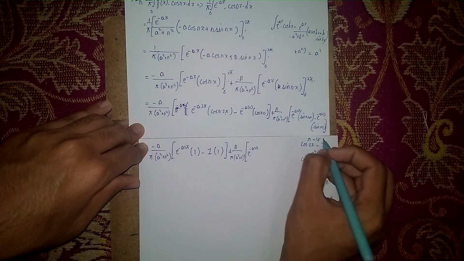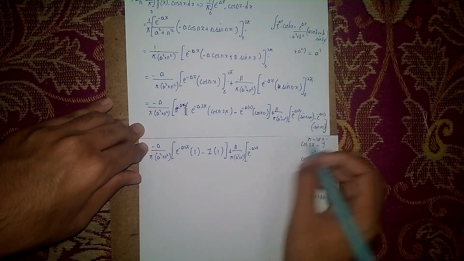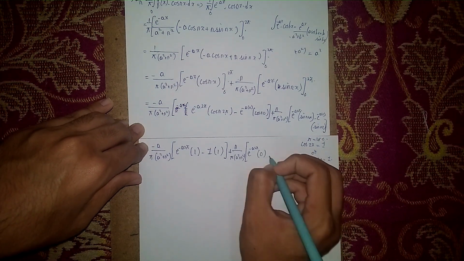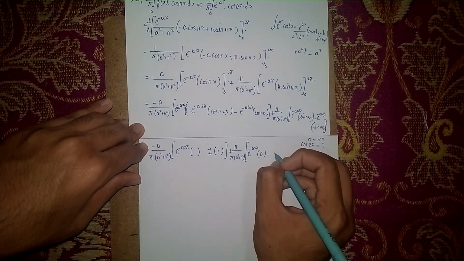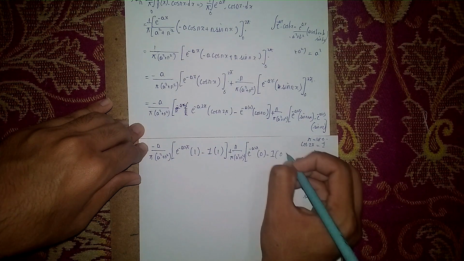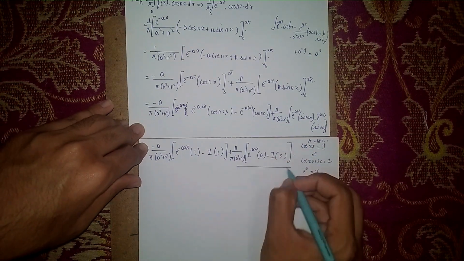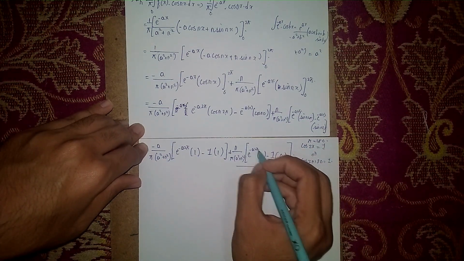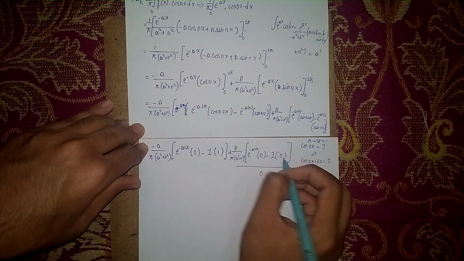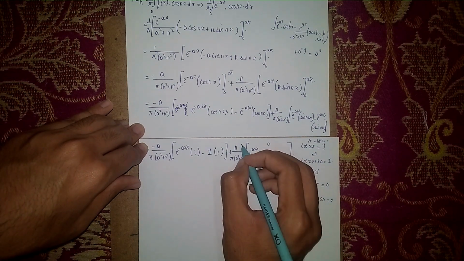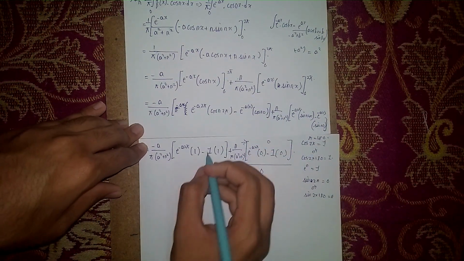So it becomes 0, and this is also minus 1 into 0. Now close the bracket, this function will become 0. E power minus a 2 pi into 0 becomes 0, 1 into 0 becomes 0. Now what is remaining here?